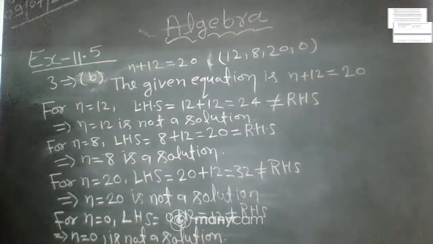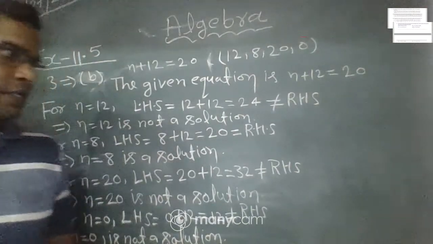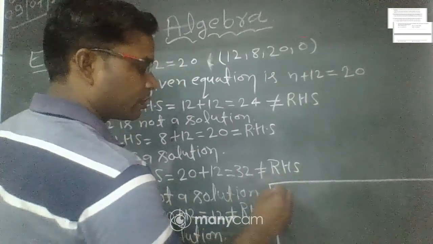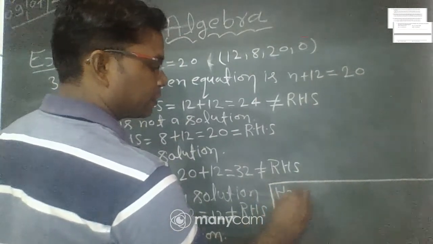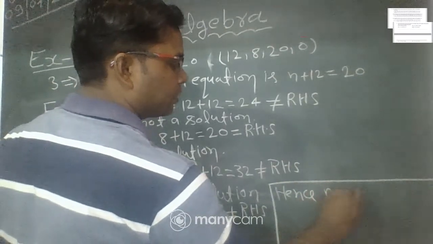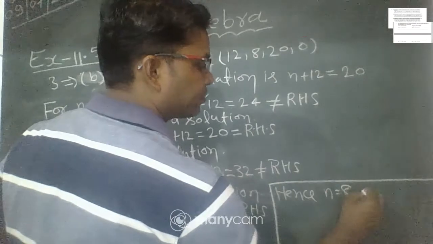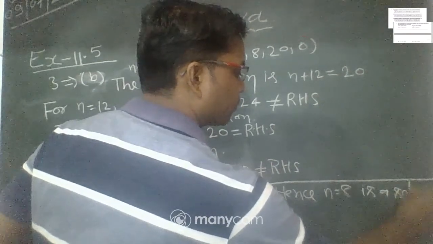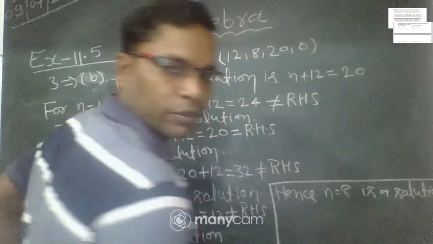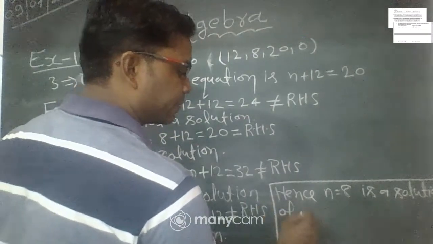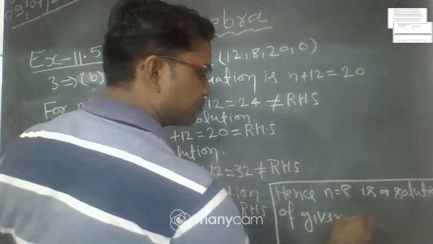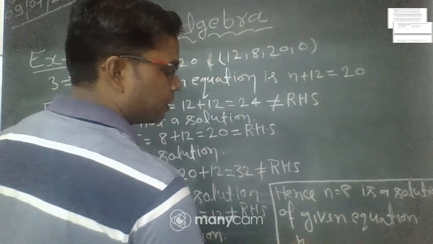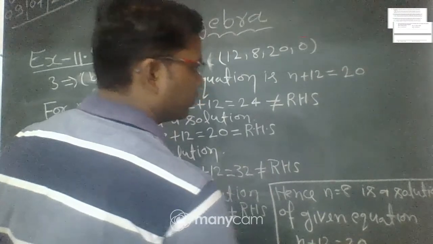As a last step, you can write: hence n is equal to 8 is a solution of the given equation, n plus 12 is equal to 20.